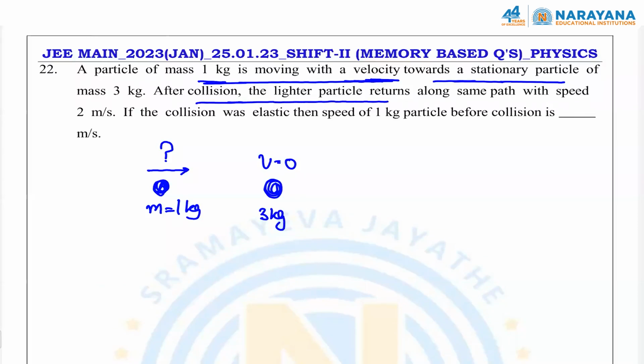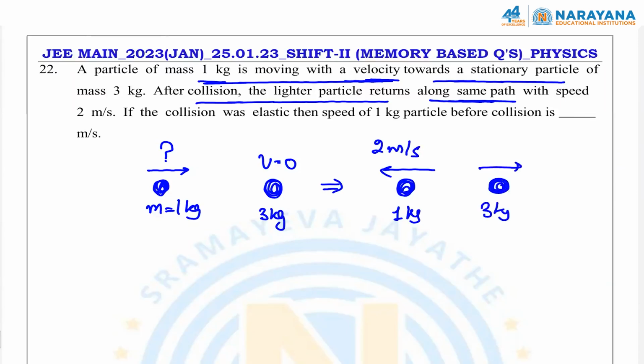After collision, the lighter particle, the 1 kg particle, returns along the same path with a speed of 2 meter per second. We don't know what happened to the other particle, its speed is not given, but we are given that the collision was elastic. Then we have to find the speed of the 1 kg particle before collision.